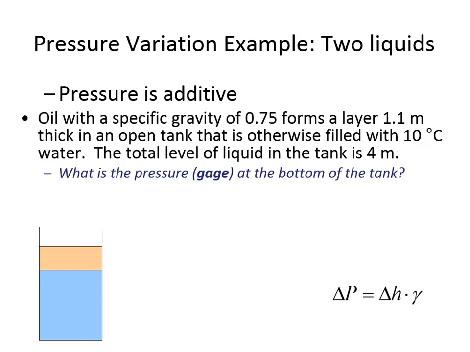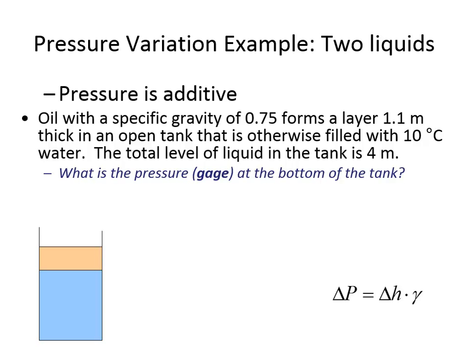P2 is going to equal P1 plus delta P from 1 to 2. Okay? So that is going to be 0 plus gamma times delta H. So that's 0 plus 1.1 meters through the oil, which has a unit weight of 7357.5 newtons per meter cubed.